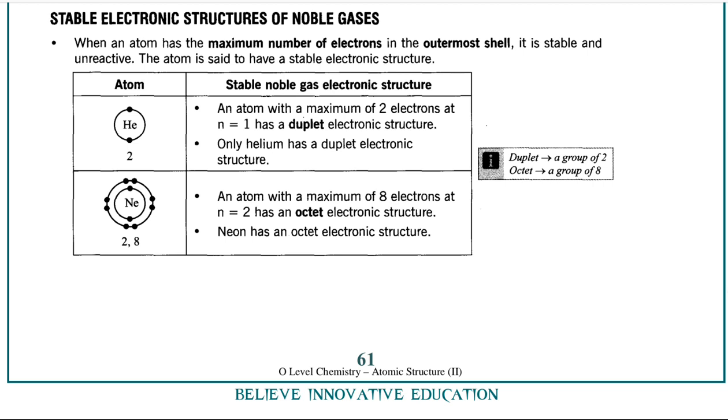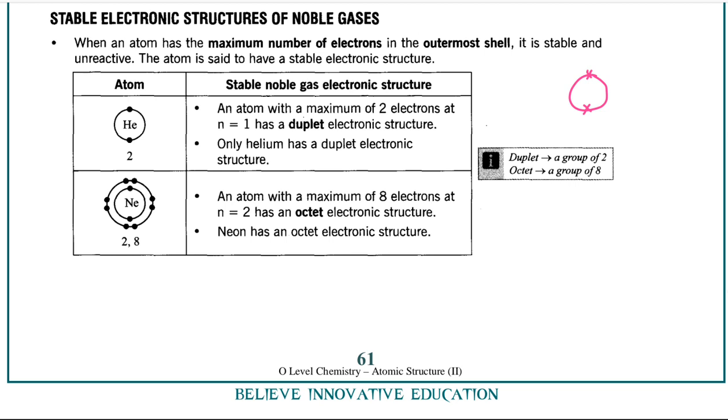In this lesson, we are going to borrow some aspects of valences, and we're going to be talking about valences where they have the maximum number of electrons. For example, if we have an atom that has only one shell, its maximum number of electrons that can be filled in the first shell is 2.